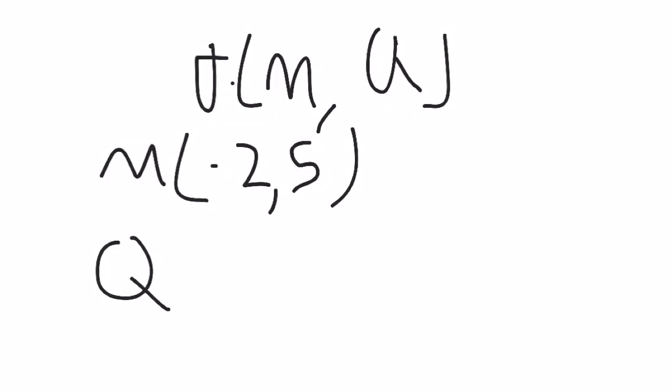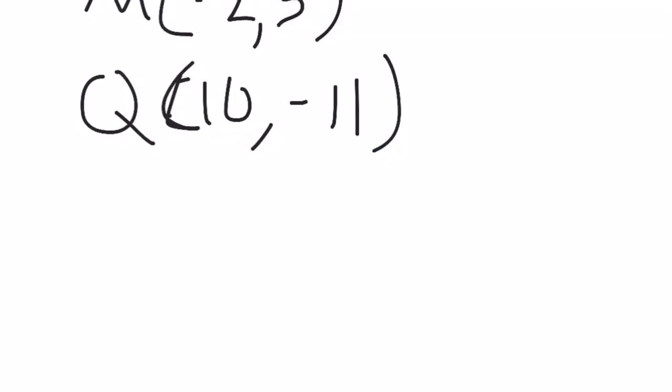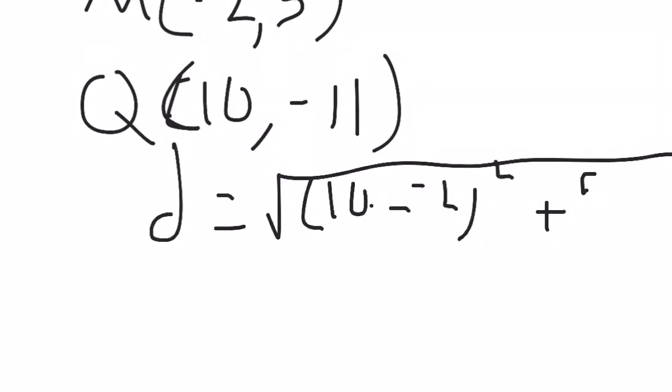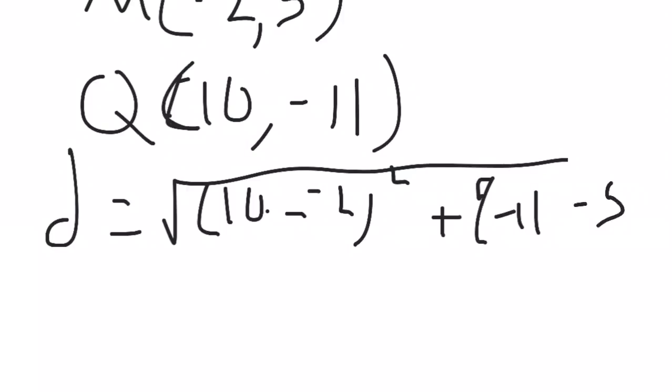Now we got to find the distance between M and Q, because M we said was -2, 5. And point Q was 10, -11. So the distance between these would be equal to the square root of 10 minus -2 squared plus -11 minus 5 squared. That's equal to square root 10 minus -2.